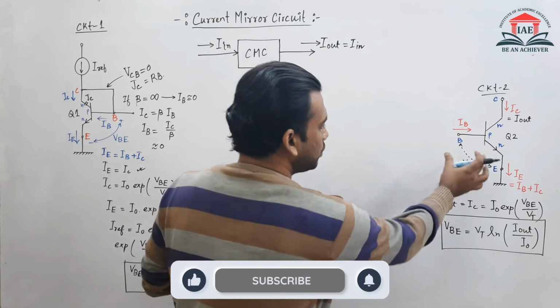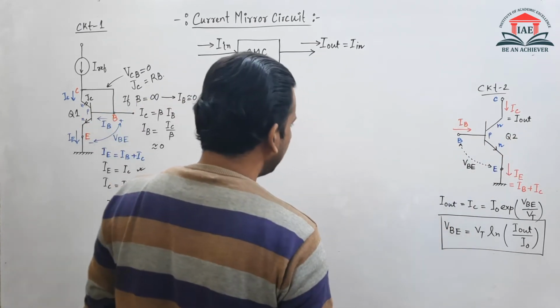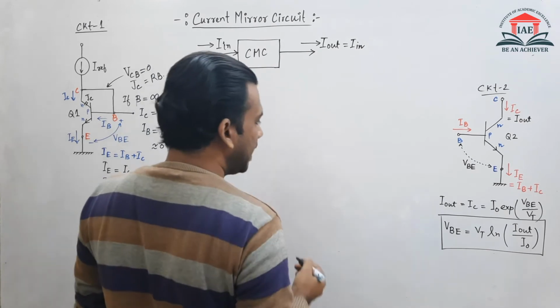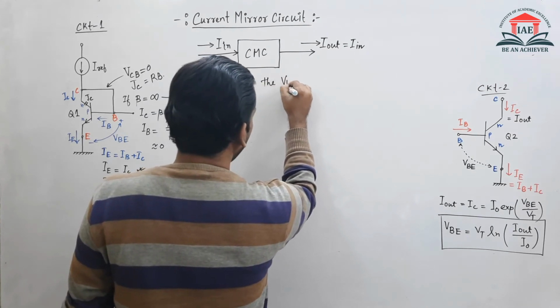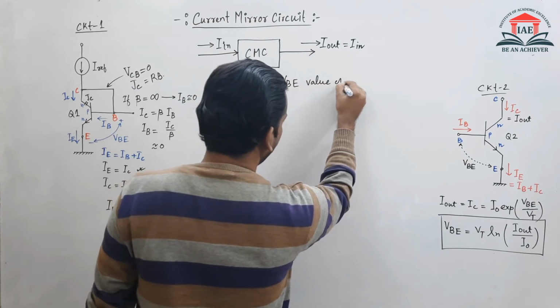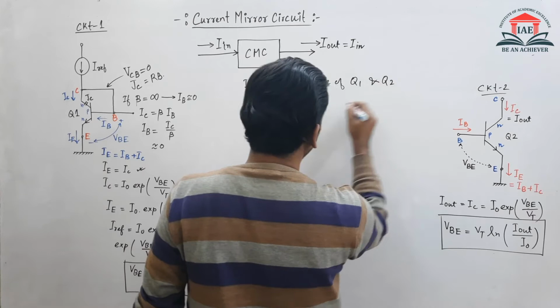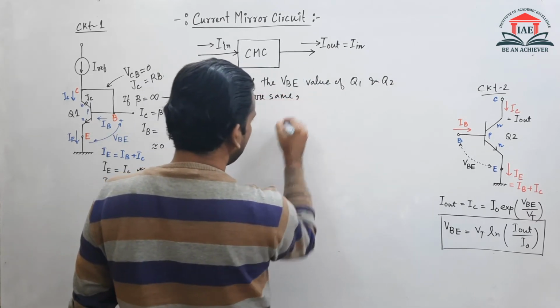So if these two transistors Q1 and Q2 have the same VBE value, what will happen?